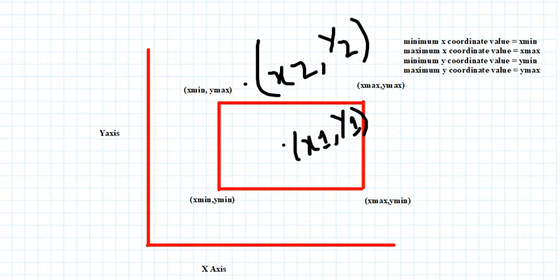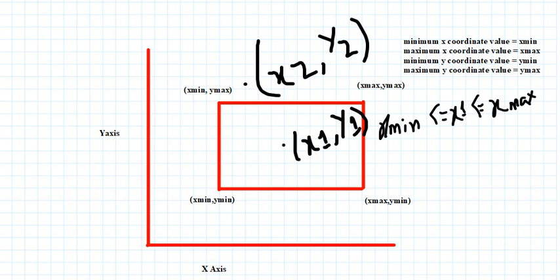For the first point, that is x1, y1, x min less than equals to x1 less than equals to x max, and for y1, sorry, a little mistake, for y1, y min less than equals to y1 less than equals to y max.